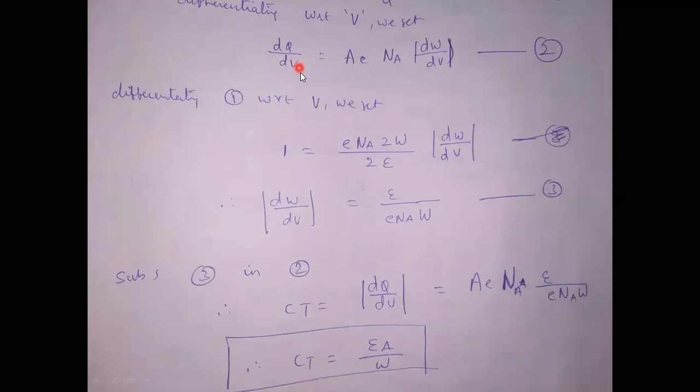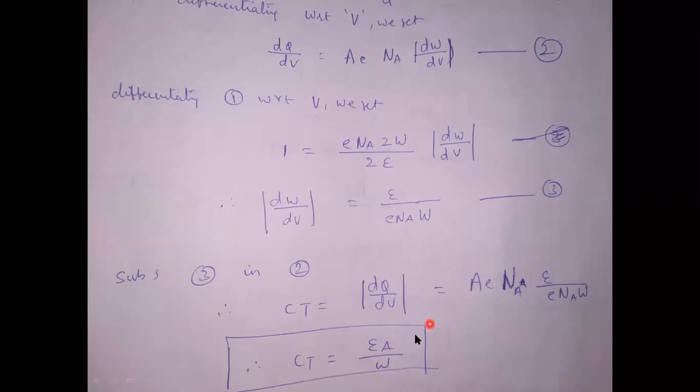So dQ by dV is A ENA dW by dV. Substituting dW by dV equals epsilon by ENA W into this equation, CT, which is dQ by dV, equals A ENA times epsilon by ENA W. E gets cancelled, NA gets cancelled.